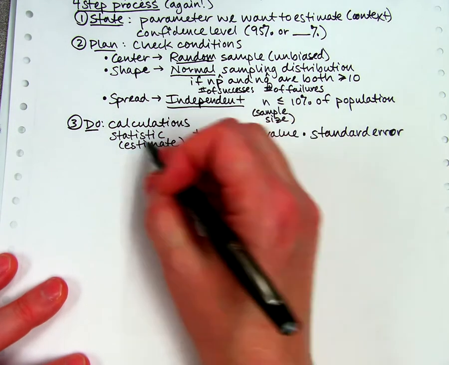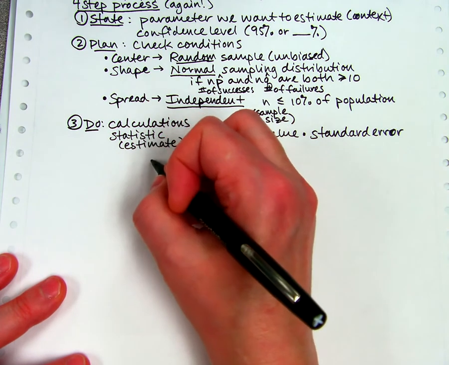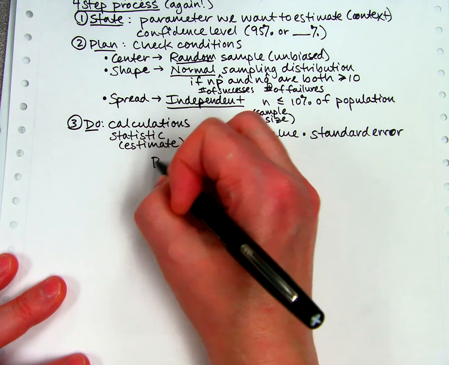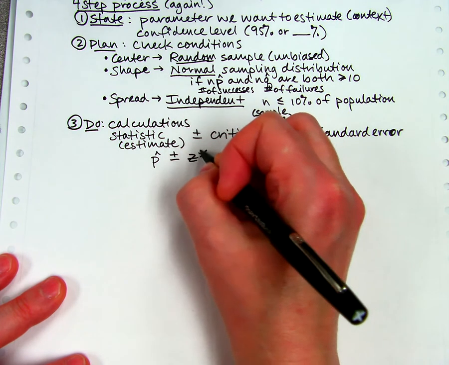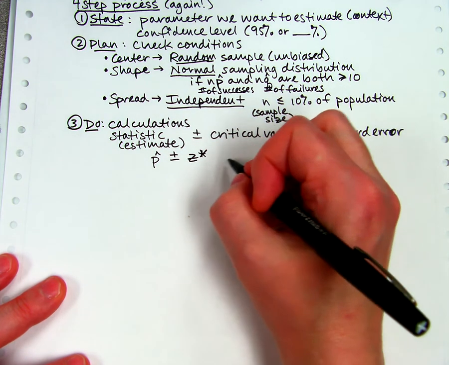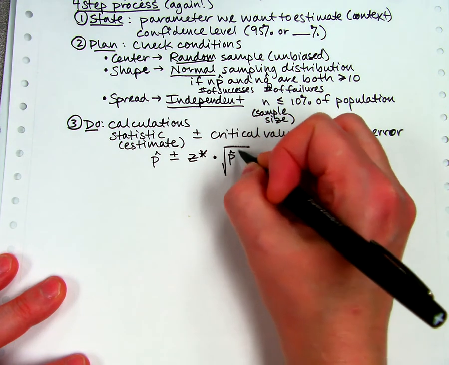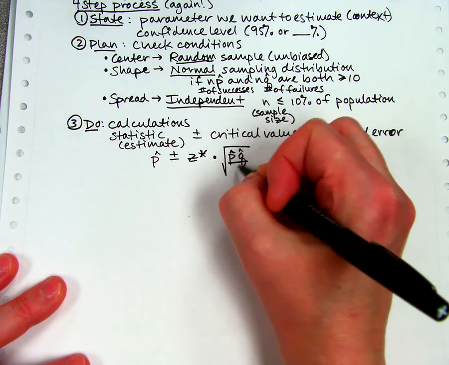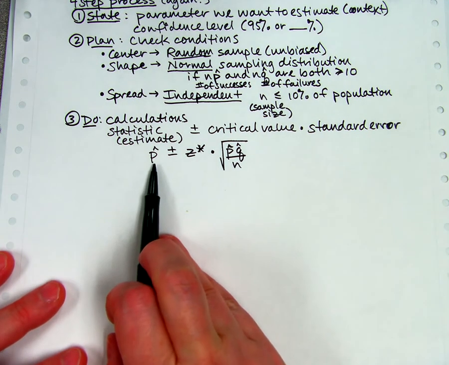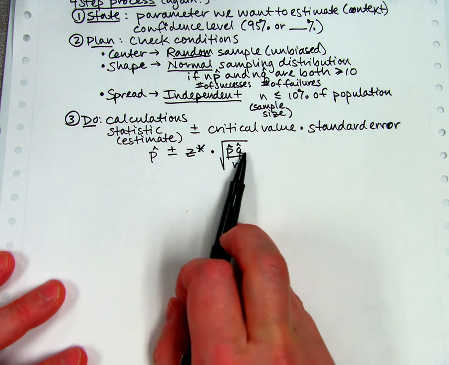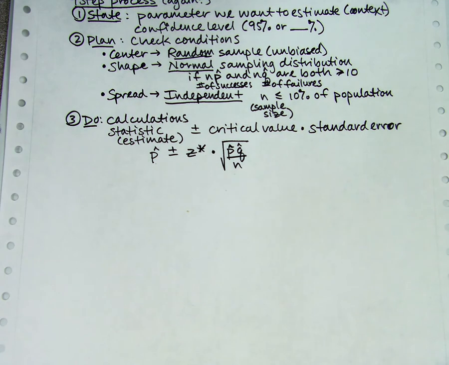And we talked about this formula in 8.1b, but here it is again. The statistic in lesson 8.2 specifically is p hat, and it is plus or minus z star times the standard error, which is the square root of p hat q hat over n. So we're going to take what we know about our sample, which is p hat, plug it in here and find q hat. We'll know all of these numbers, and we have to calculate the z star.